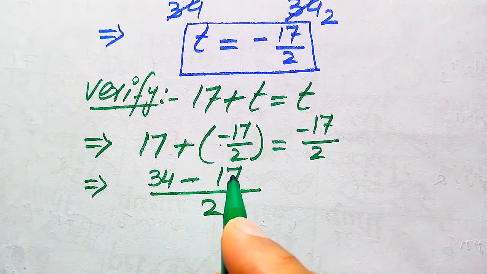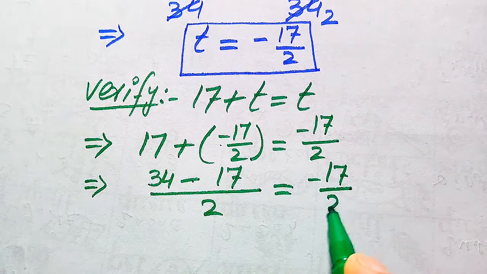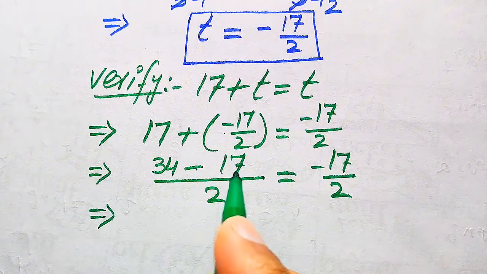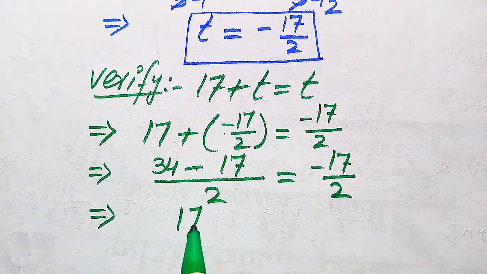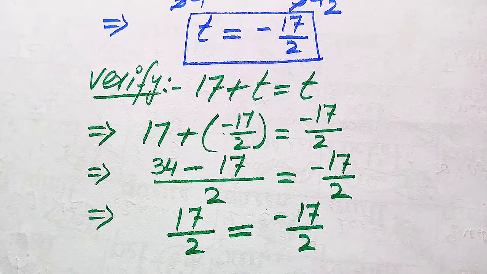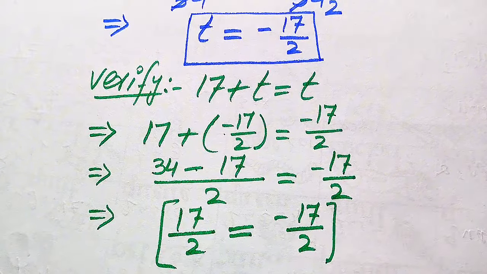This is our 17 is equals to minus 17 divided by 2. And further, we have 34 minus 17 becomes 17 divided by 2 is equals to minus 17 divided by 2. This shows that both of the sides are equal.